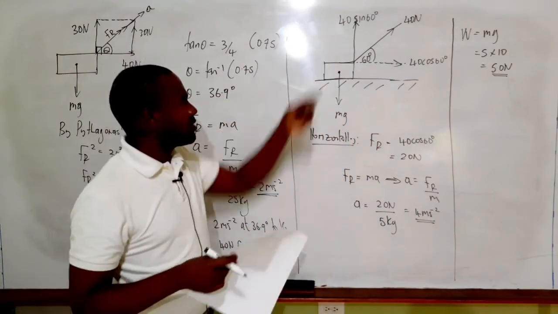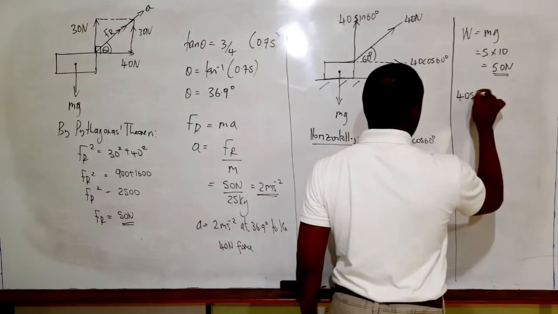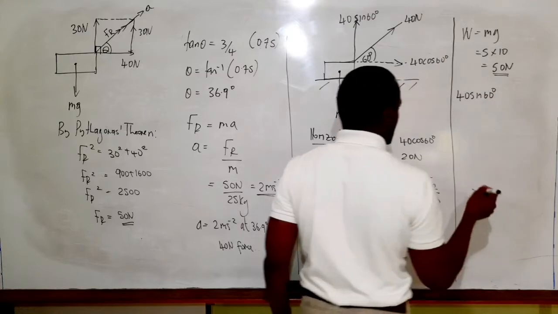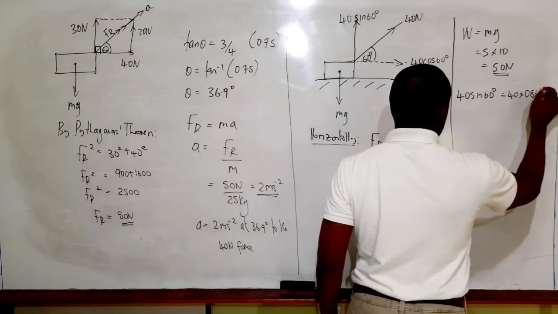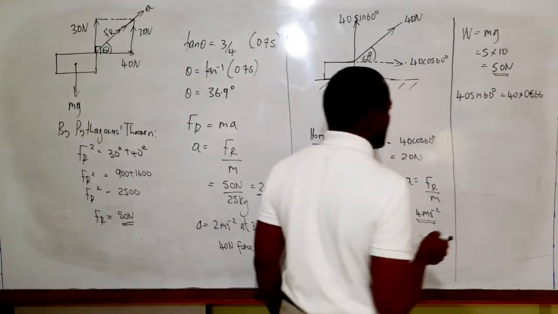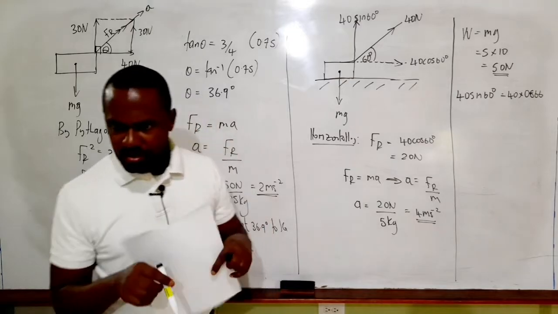Now let's work out this one, 40 sine 60. So 40 sine 60 degrees is equal to 40 times 0.866.